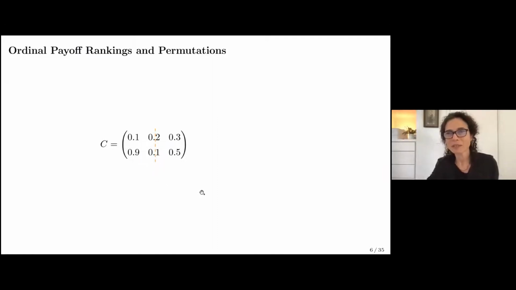Everything that's in this matrix, in terms of the iterated elimination process, would be captured if we just wrote where is the highest payoff in each row and where is the middle payoff and where is the lowest payoff. In other words, we can capture everything that matters for the iterated elimination process as a permutation that corresponds to each row. So this is how we'll describe the payoffs.